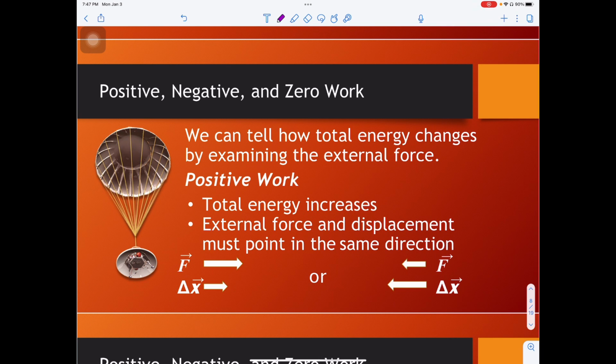So we have positive work, where the total energy increases. Following the train of thought, the velocity increases because A and V are in the same direction.